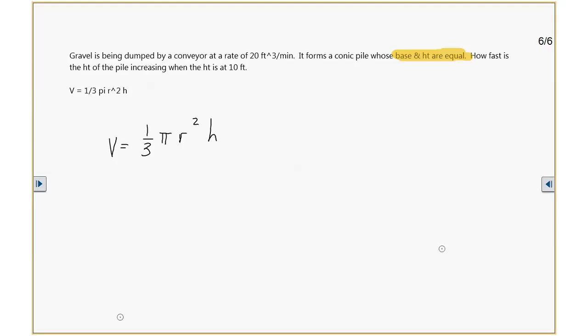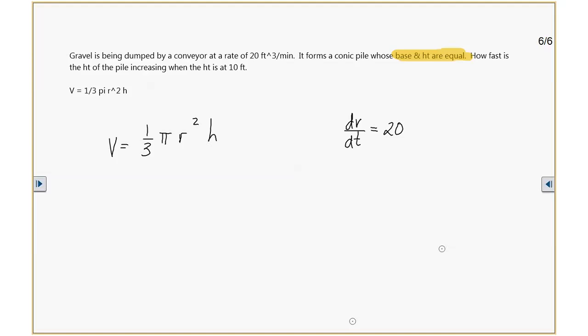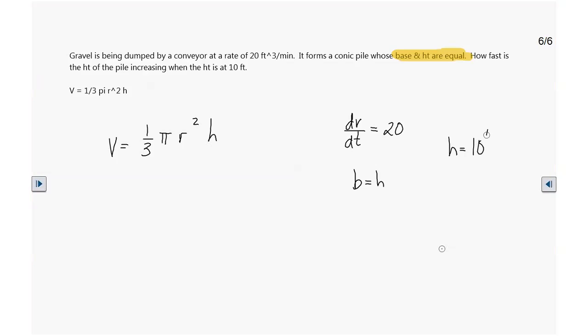Let's go over here. Gravel is being dumped by a conveyor. What is 20 cubic feet per minute? Good gracious, you on the ball. It forms a conic pile whose base and height are equal. Base is equal to height. How fast is the height of the pile increasing when the height is at 10 feet? So height is equal to 10 feet.